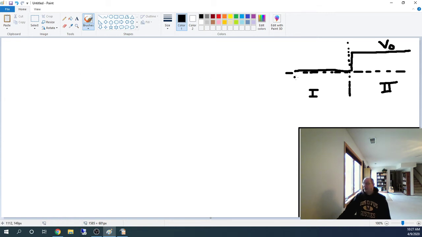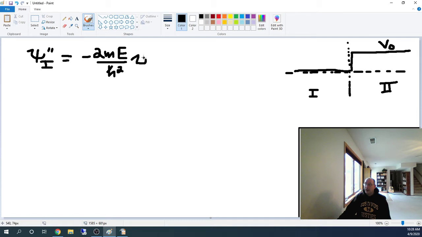I think you can see that in region 1, the value of the potential is 0. So in that region, Schrodinger's equation becomes, and I'm going to label the wave function 1 to indicate that we're talking about the solution in region 1, psi double prime, the second derivative of psi with respect to x, equal to negative 2mE over h bar squared times the same psi, the psi in region 1.